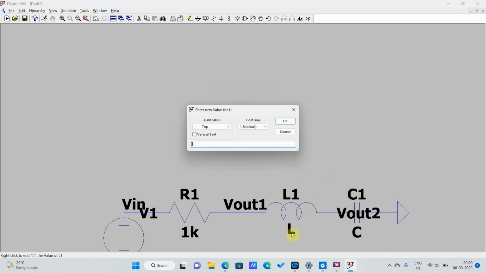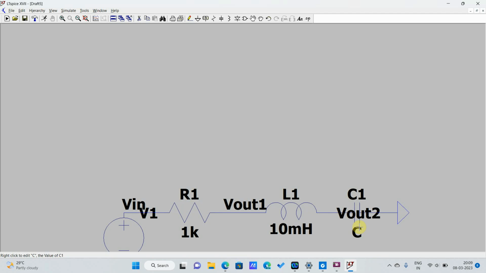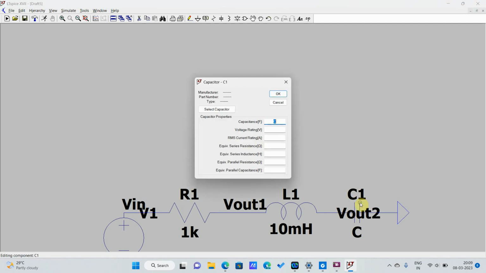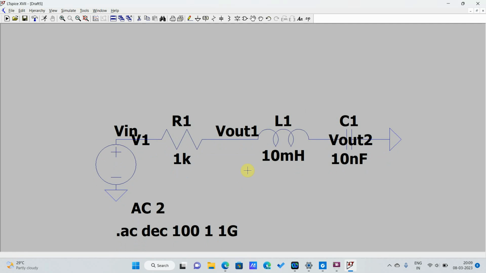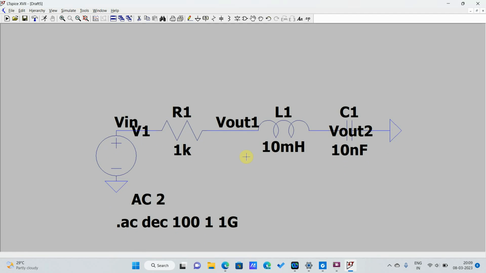Let's give some values to the inductor and the capacitor. Okay, so now this is our series RLC circuit.